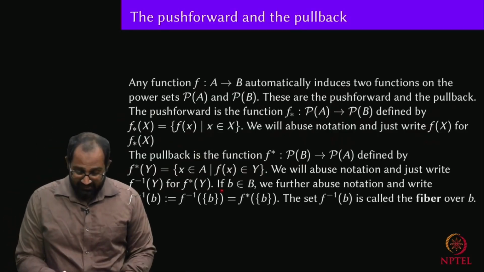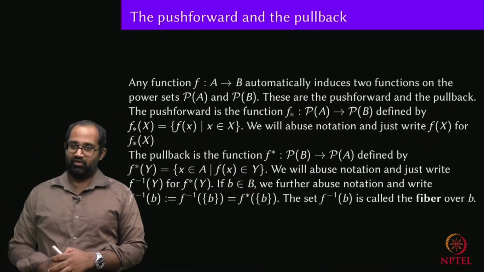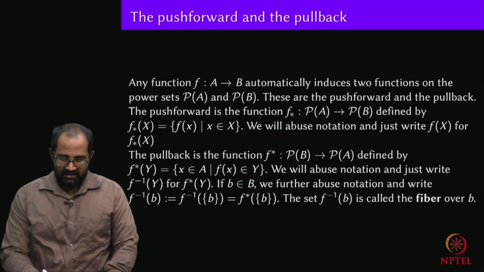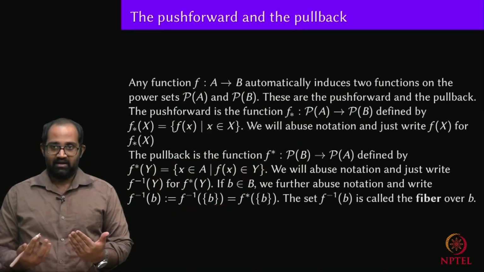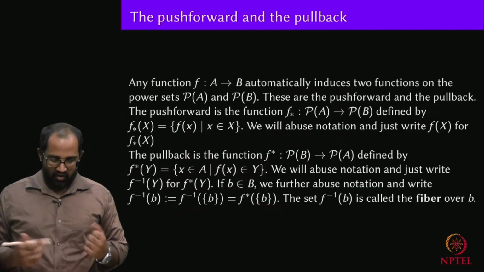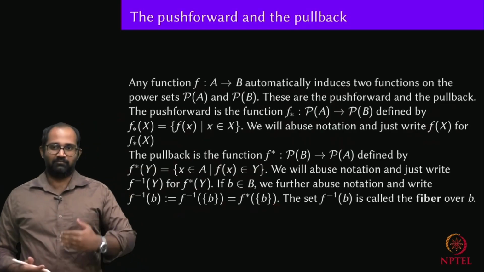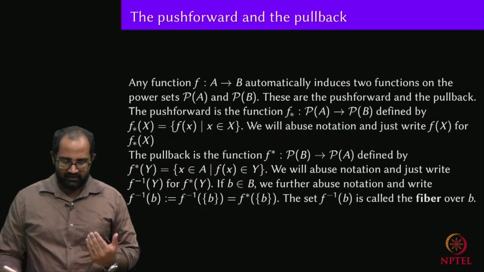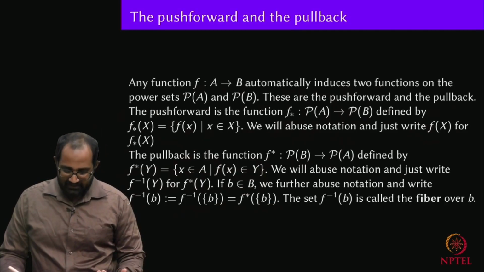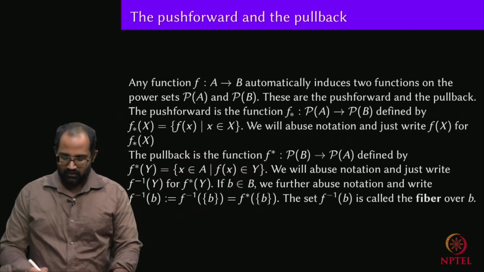Now, if you start with a single element b in the set B, we will double abuse notation and write f inverse b to mean the f inverse of the set with b, which in turn actually means the pullback under f of the singleton set b. So, as you can see, all this is done to simplify notation, but you should keep in mind that when you are abusing notation, you should not get confused.